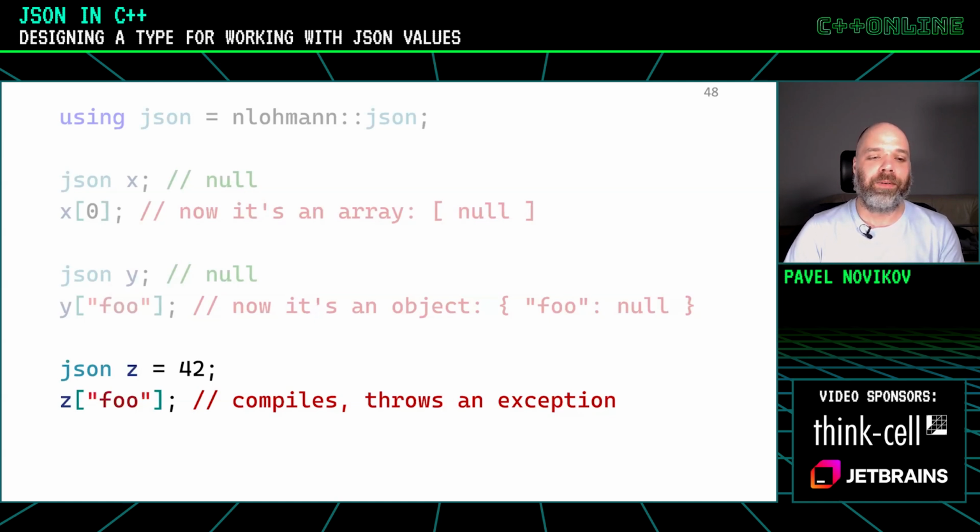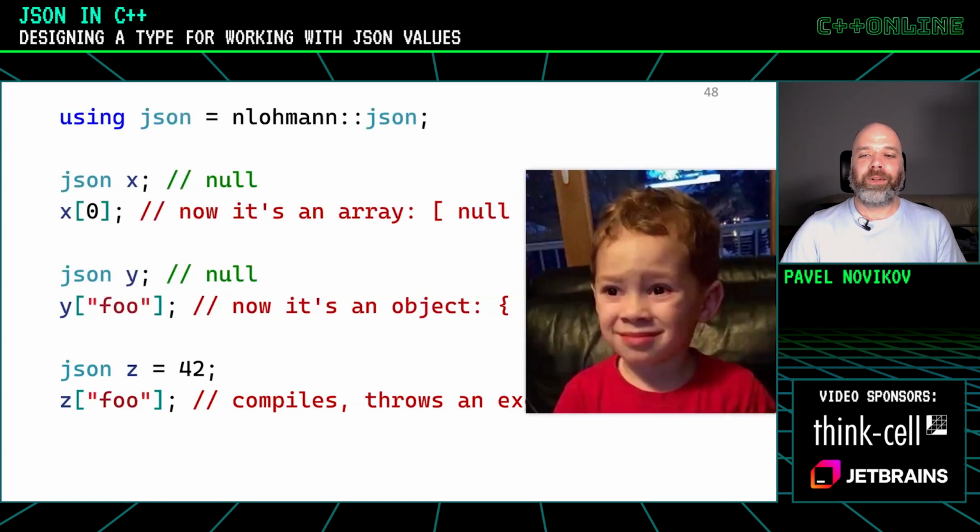I think the correct phrase is: we want it to be easy to write correct code and hard to write incorrect code. That's it. So my feelings about this code can be summarized with this picture.